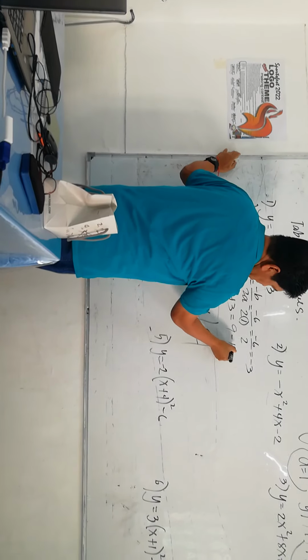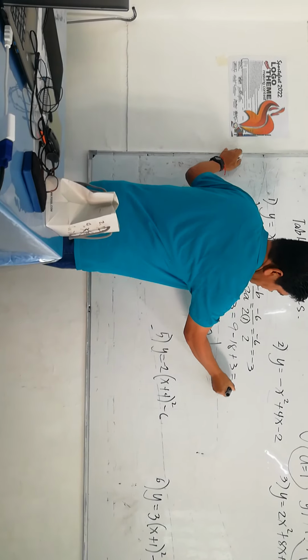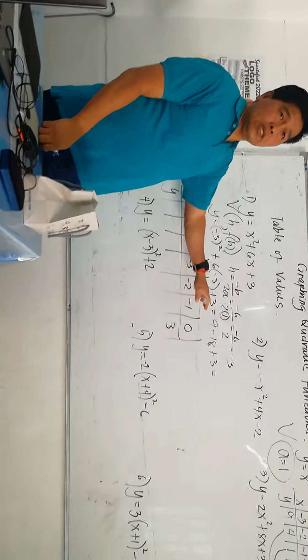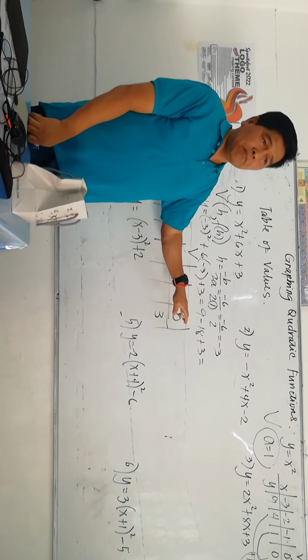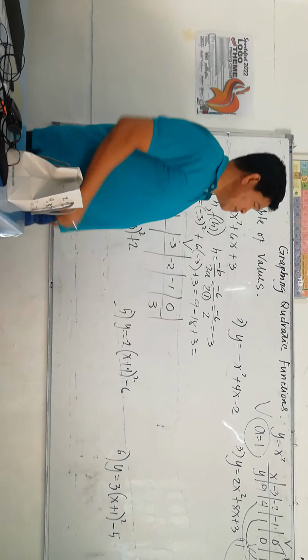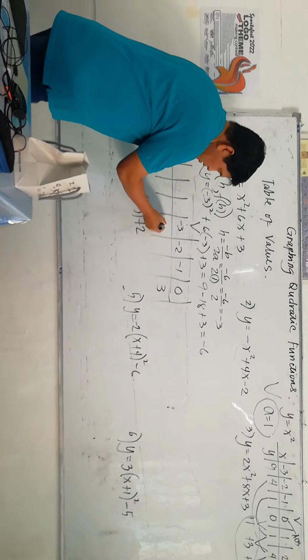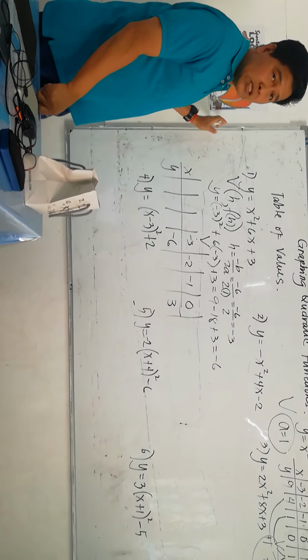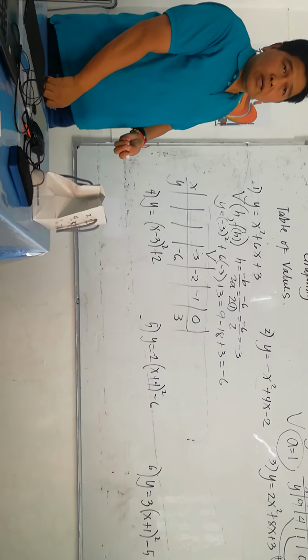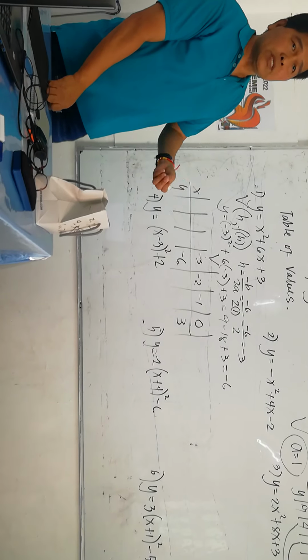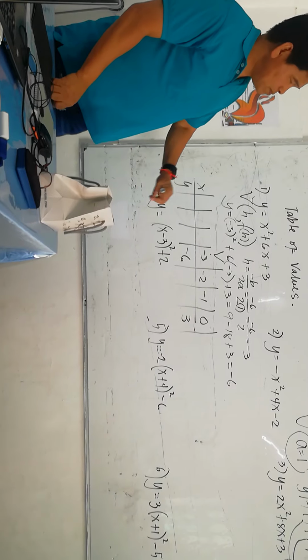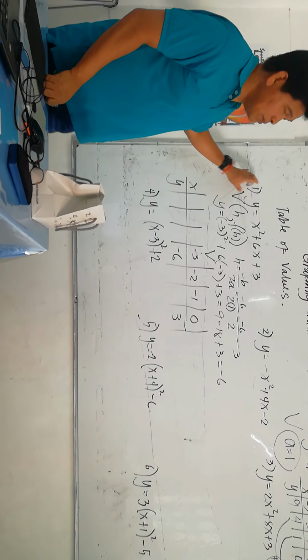What is 9 minus 18? Negative 9 plus 3 is equal to negative 6. So this is now your negative 6. Instead of solving for the value of k, which is equal to 4ac minus b squared all over 4a, you just plug the value into your axis of symmetry.